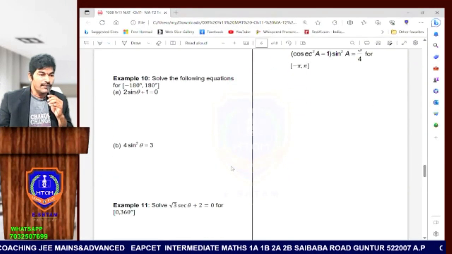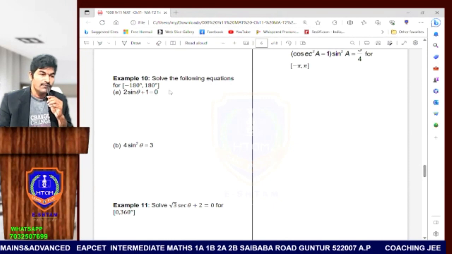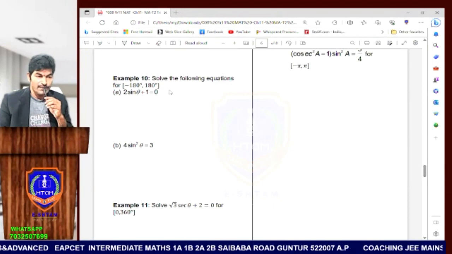Now, example 10. Solve the equation between minus 180 and plus 180, and the equation is 2 sine theta plus 1 equal to 0.